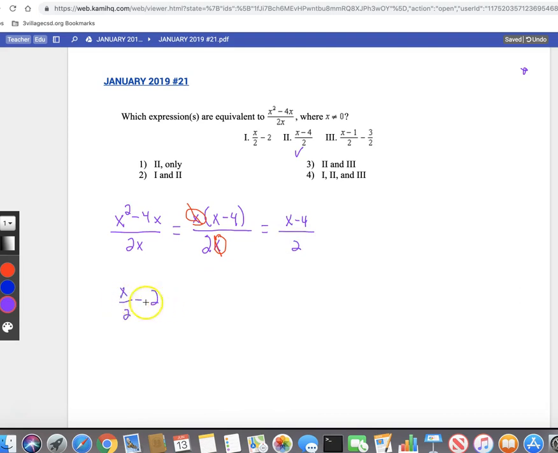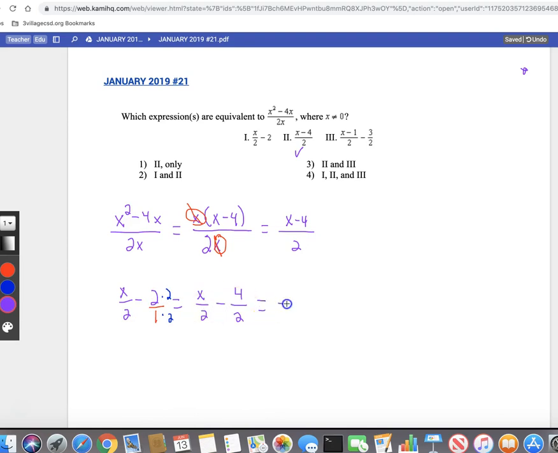To subtract these, because we have x over 2 as a fraction, we can make 2 into a fraction by putting it over 1. Whenever we want to subtract two fractions, we need a common denominator. The common denominator of these two fractions, I hope you would agree, is 2. So we have to multiply the second fraction, numerator and denominator, by 2. So the denominator is 2, and the numerator would be 4.